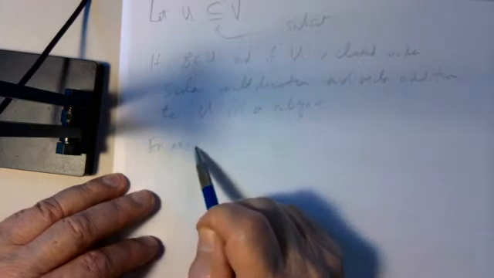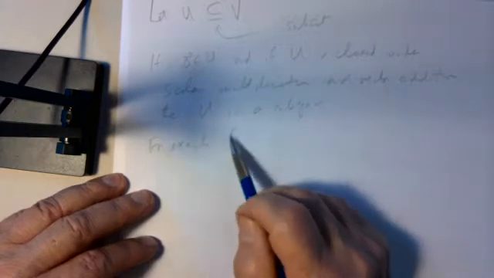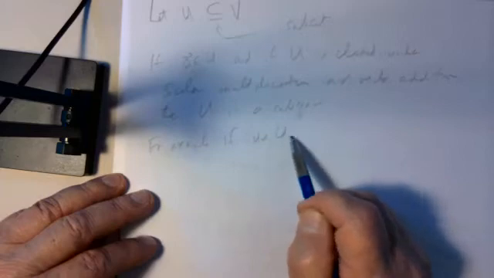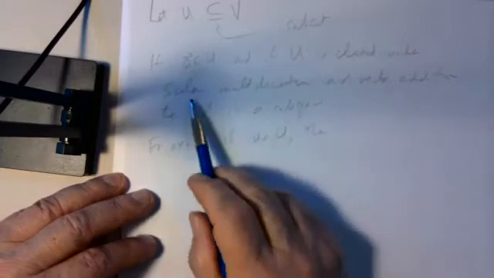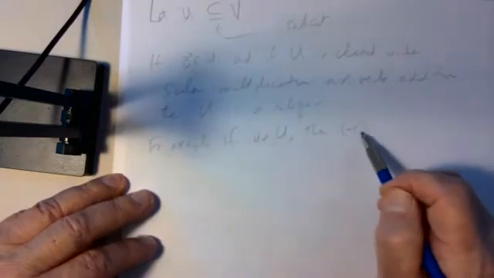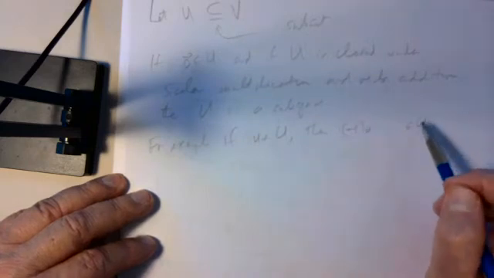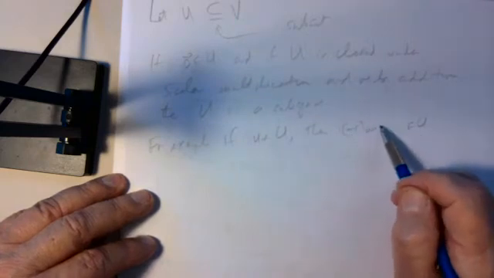For example, if u is a vector in U, U is closed under scalar multiplication, so -1 times u is in U, and -1 times u is minus u. So the set U contains the additive inverse of all of its elements.